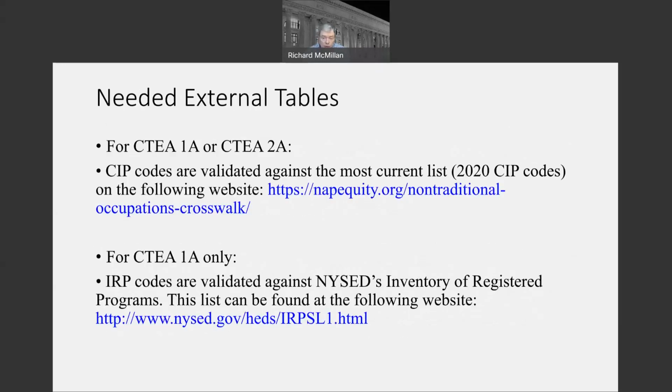Needed external tables. In order to complete the data reporting process that you will be undertaking for CTEA 1A or CTEA 2A, you will need the zip codes. The 2020 zip codes actually are what we will be using, and so we recommend that you use the 2020 zip codes. And the website is listed.